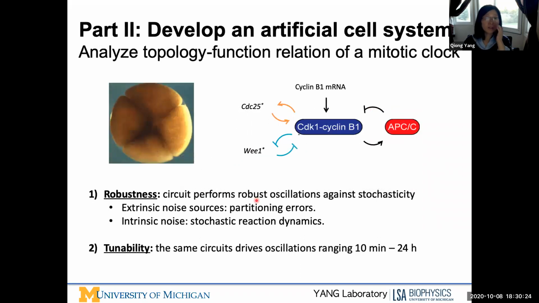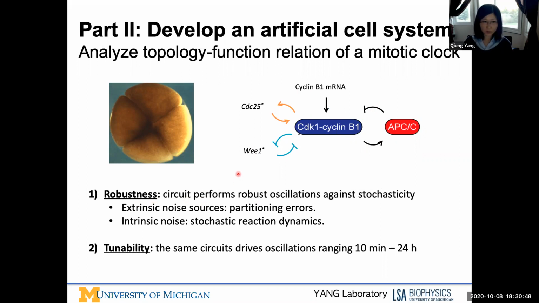So what we are choosing here is, again, the cell cycle. The reason for us to select the cell cycle for the study was that it is a very typical oscillator that contains both positive and negative feedback loops. And additionally, it has the common clock functions that I introduced at the beginning.